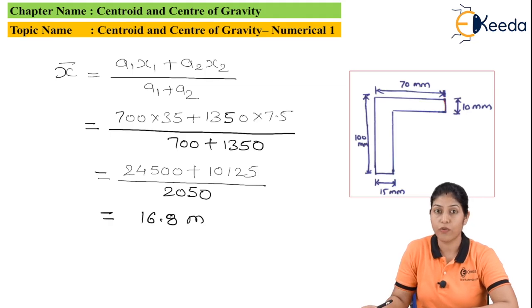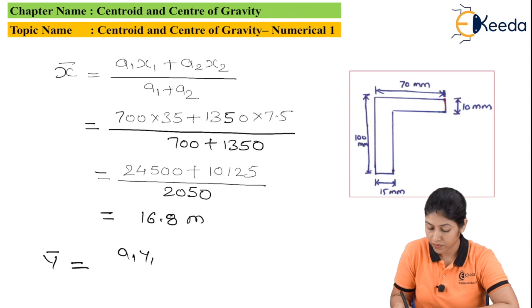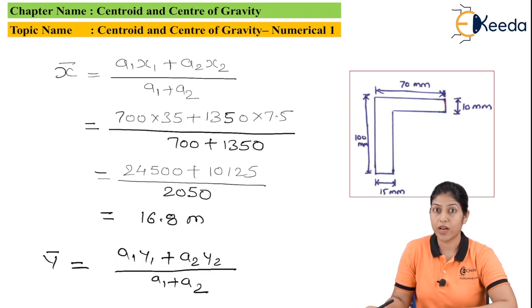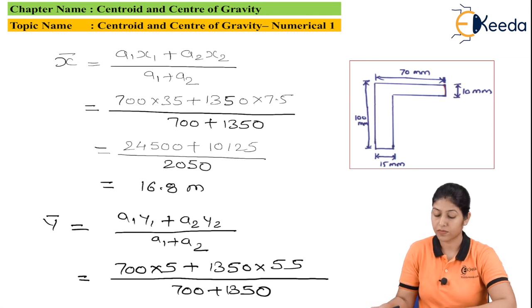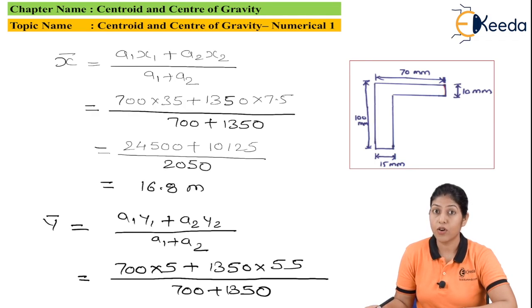Now we have the value of X bar. Similarly, we can find out the value of Y bar. So the equation for Y bar will be A1 Y1 plus A2 Y2 divided by A1 plus A2. So the equation will be, this will be our value of Y bar.